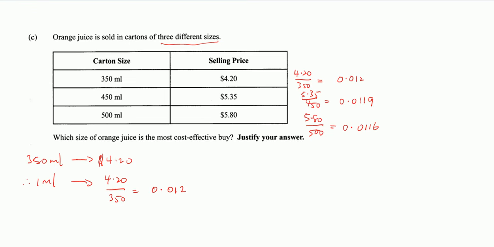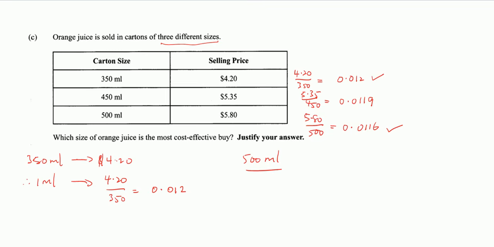Right. So what we just worked out there would have been the price per milliliter. Right. So therefore, the one that is the most expensive will be this guy here. Is the most expensive. Right. So which one is the most cost-effective buy? It will have to be this guy here, the 500 mil. So the answer is really the one for 500 mil.